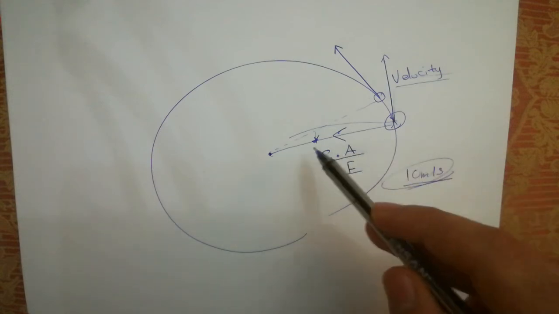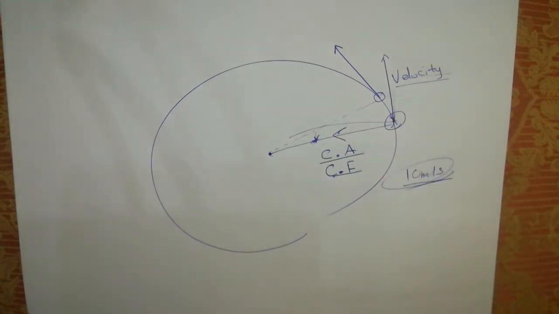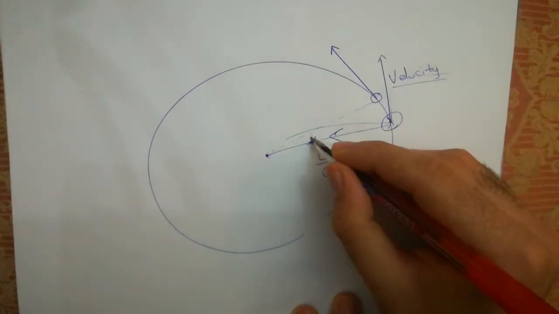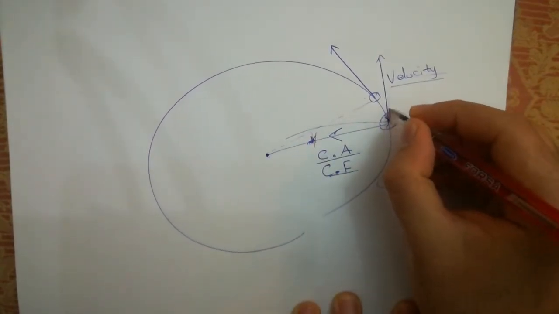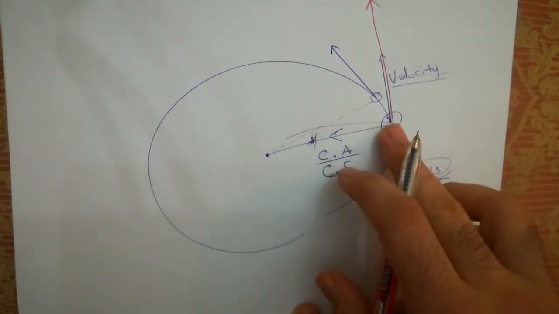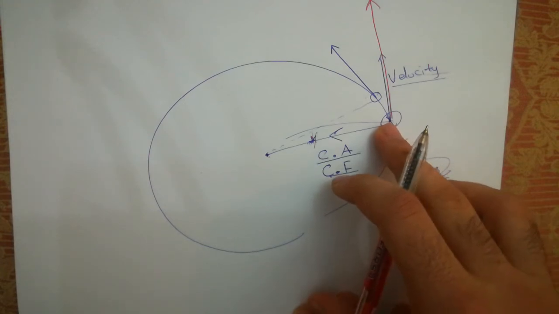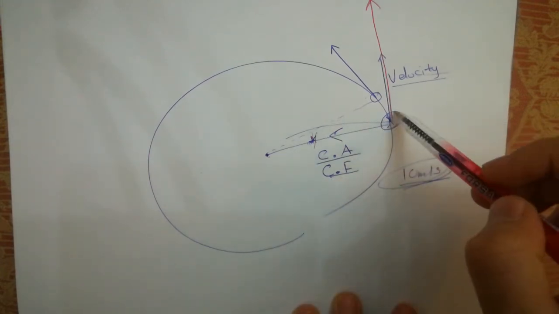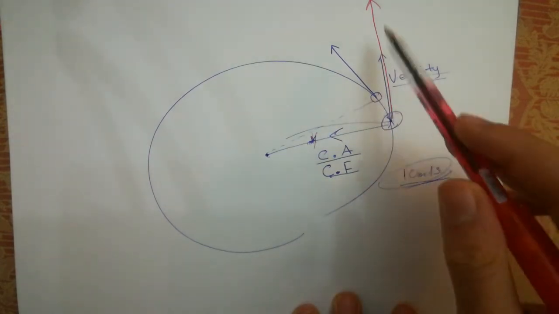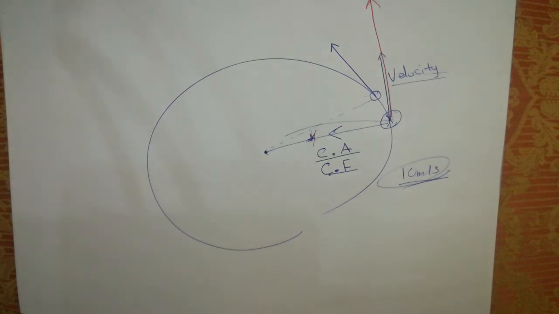And so if I cut the rope in this instant, where will the ball go? The ball, when you cut the rope, will move in this direction. And so when you cut the rope, the to-be projectile or the rotating object will move in the direction tangent to the curve. That is a very important point to note.